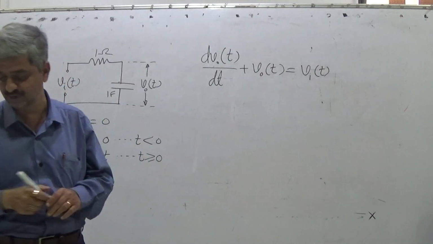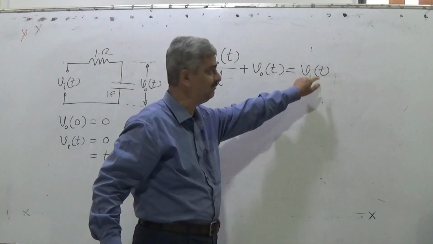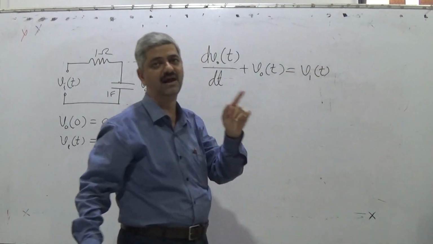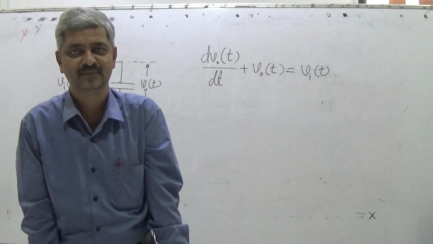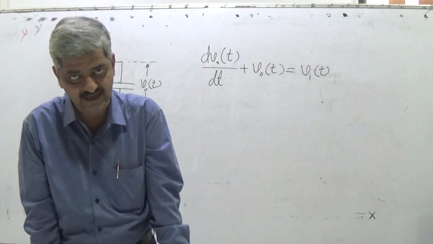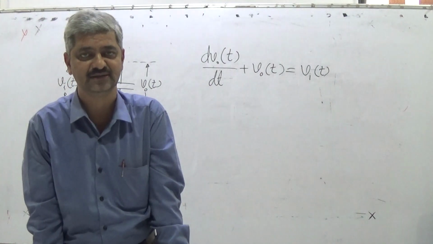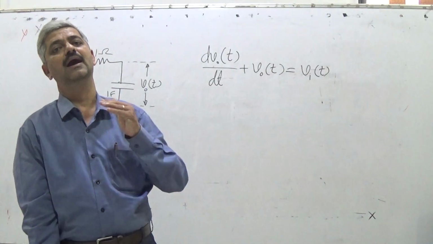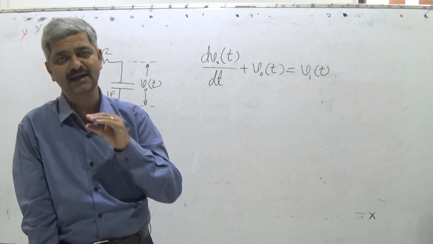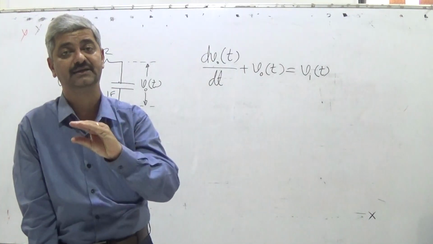In the first problem that we solved, this Vin(t) was 1, and at that time I had told you some technique. Last time we had not developed this solution for the differential equation, but simply made the thing simpler by adopting a shortcut.